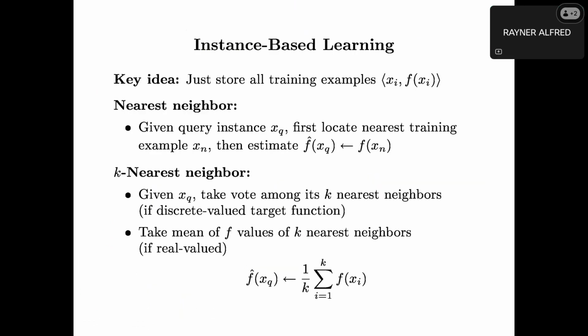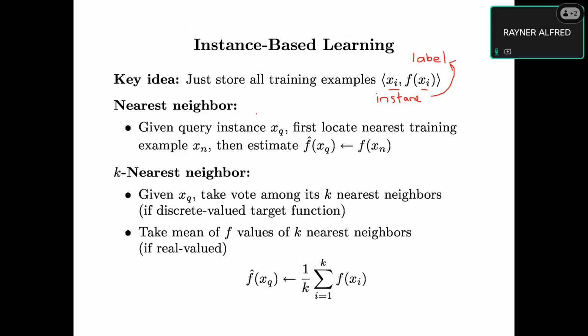So the key idea is that we will just store all the examples. You have all the examples, and this is the mapping to the label. So this is your data or your instance, and each instance has its own label.